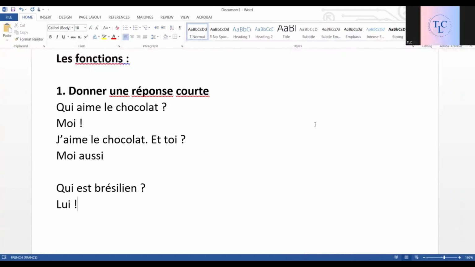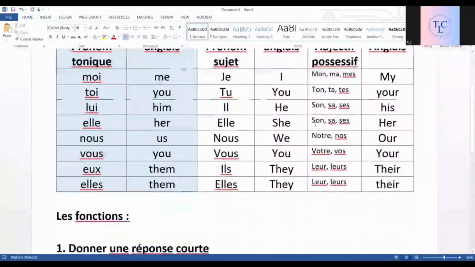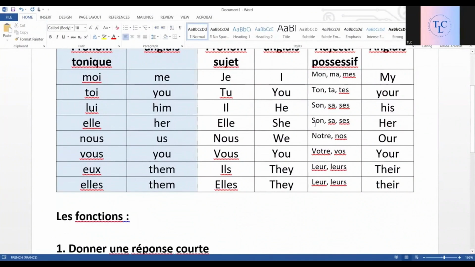That's it. So if we want to give a short answer, we can give a one-word or a two-word answer with pronoms toniques. We can use it with any other pronom tonique also. Moi, toi, lui, elle, nous, vous, eux, elles, all of them.